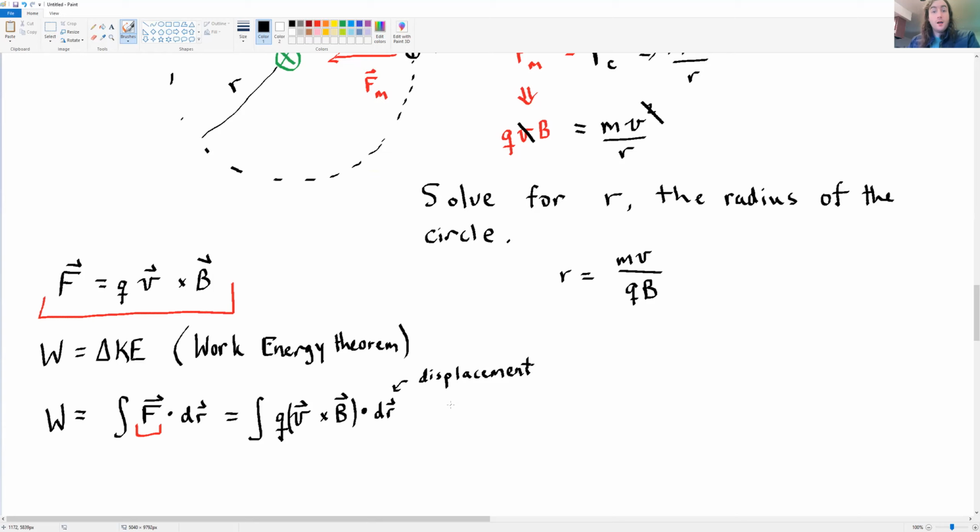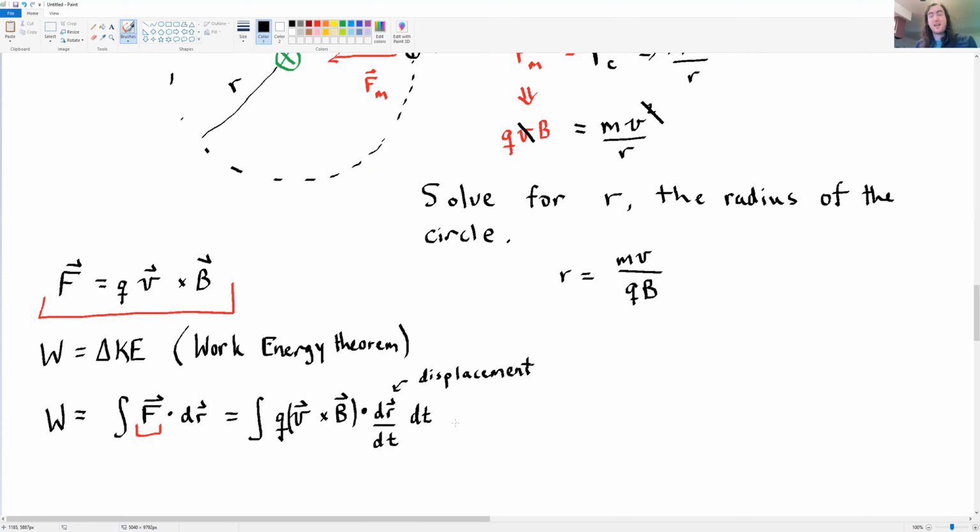Okay. If we just use the chain rule here to change our integral from an integral with respect to displacement dr to an integral with respect to time. Let me show you what I mean here. What I mean is use the chain rule to divide this thing by dt and then multiply by dt.